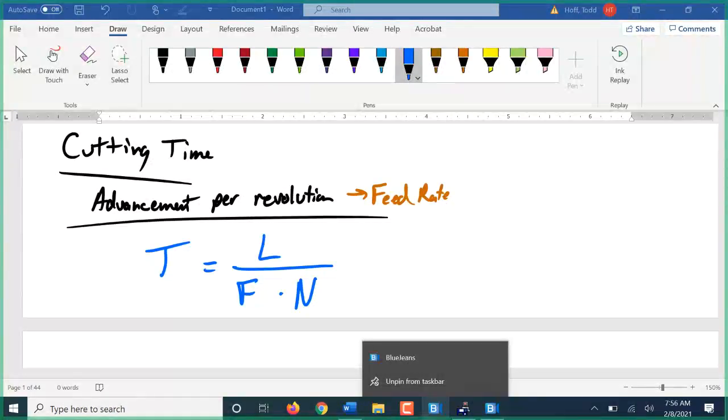So the F times N is going to give you your inches per minute. You're taking your cut in inches and dividing by that. It's basically distance divided by speed to give you time. That's all it is.